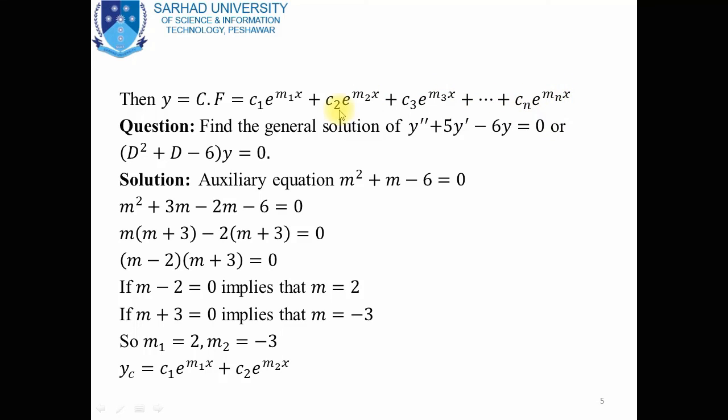Now if the roots are real and repeated, then the complementary function will take a different form, and for complex roots, the complementary solution has another different form.